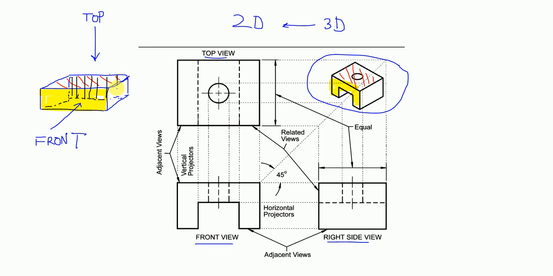This guy behind, which you cannot see, is called what? If this is front, this is the rear. In this you cannot see this rear, isn't it? Is it clear? Then this one, which is bottom. This guy is called what? Bottom.